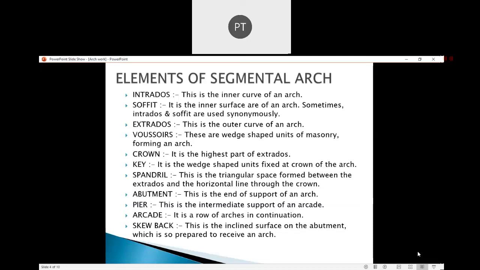It is a part of the wall or pier on which the arch rests. Number 9, pier. It is the intermediate support of an arcade. Number 10, arcade. It is a succession of contiguous arches, with each arch supported by columns or piers. Number 11, skew back. It is a sloping surface against which the end of the arch rests. Next slide.